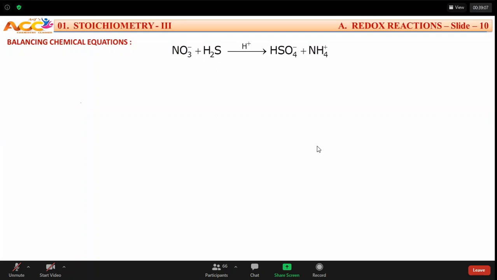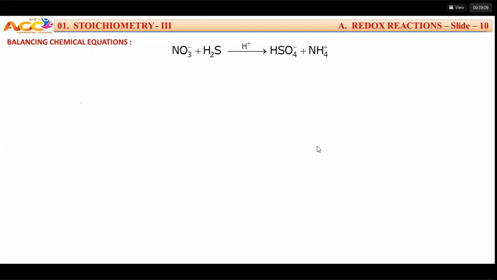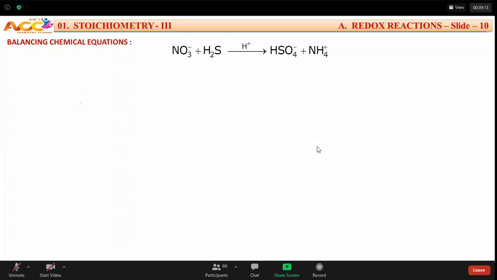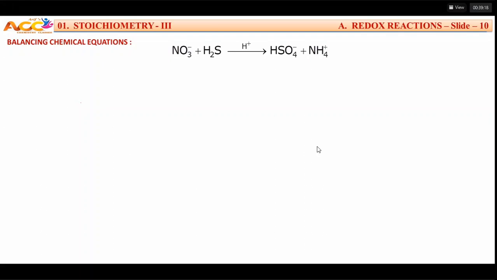In that case, we have one method known as the ion electron method. See the equation on the screen. Ions are available along with molecules. Yes, we have to involve electrons also. So if you are involving ions and electrons in any equation for enjoying POAC, that is called the ion electron method.